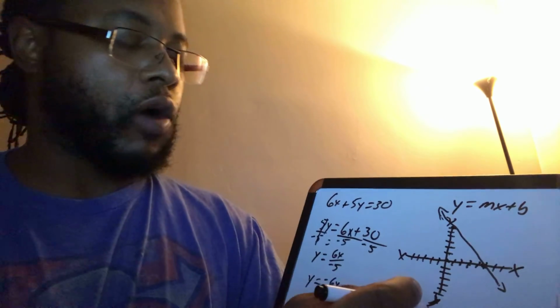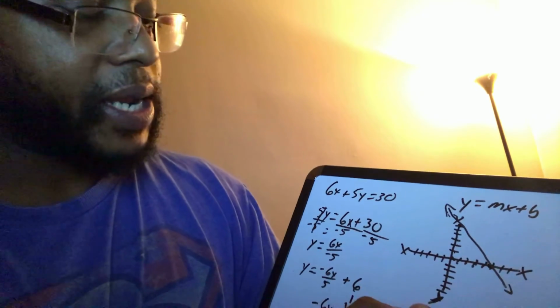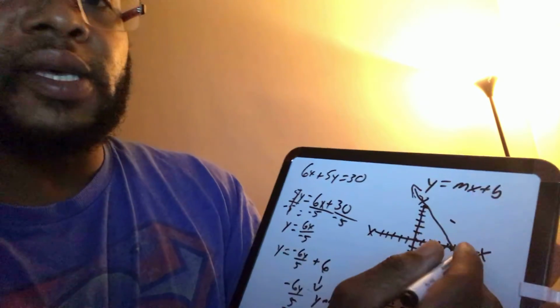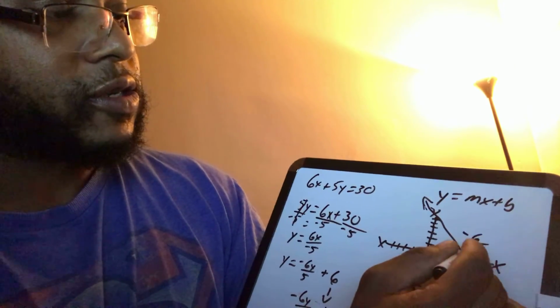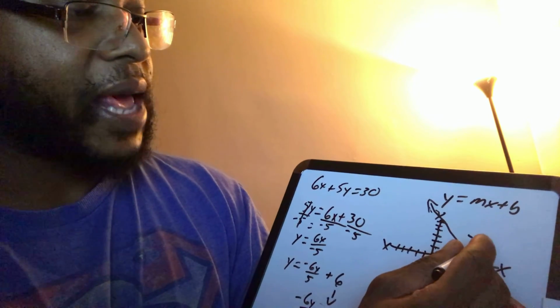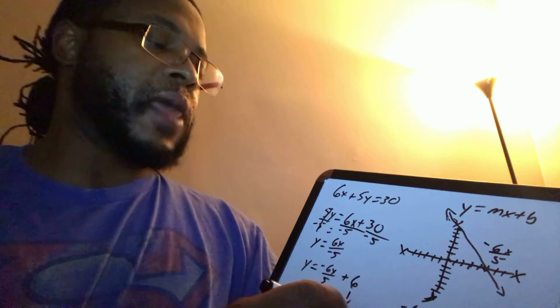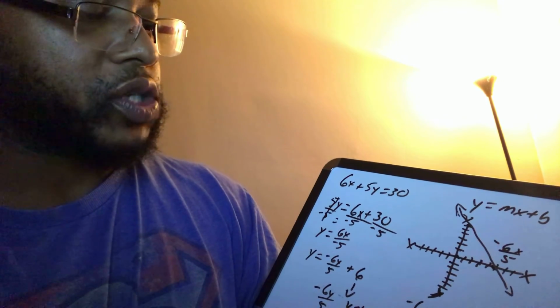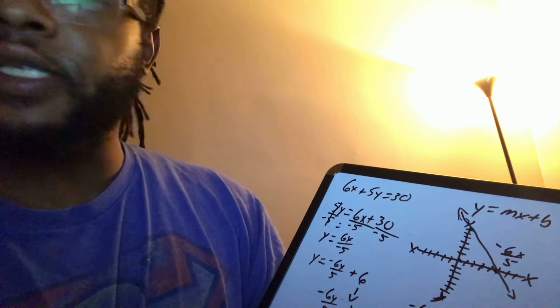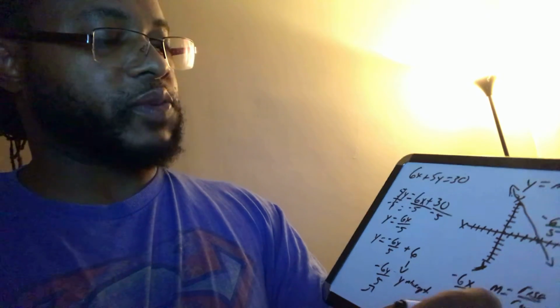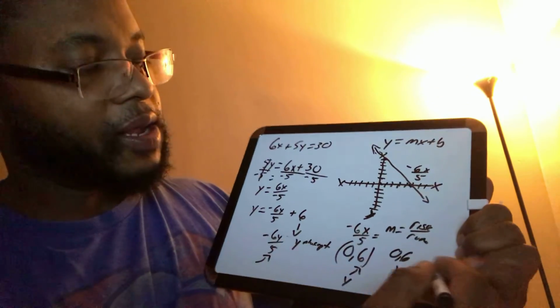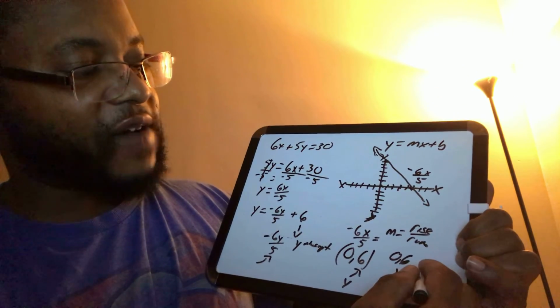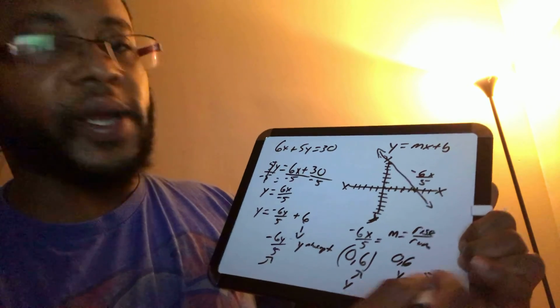So our overall slope again is negative 6x over 5, and our points are ultimately 0 and 6, which is for the y, and then as we know, 5 represents the x point.